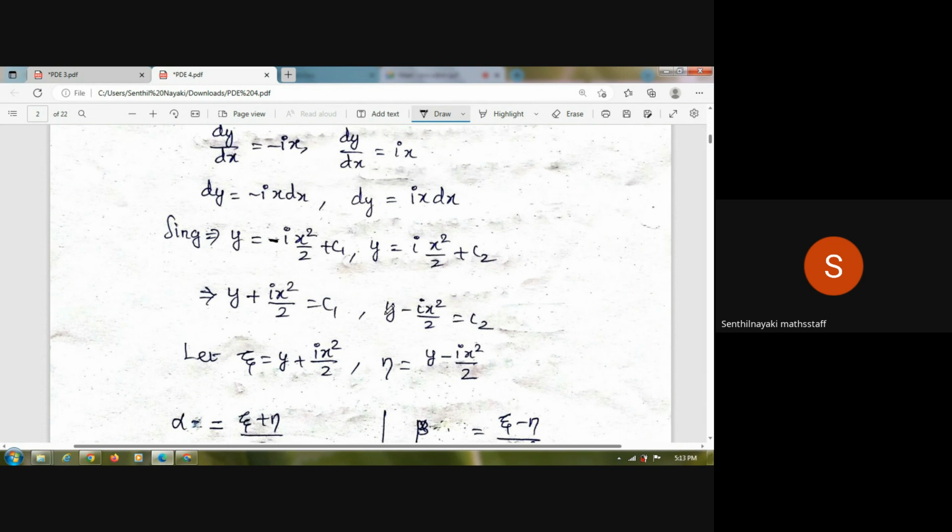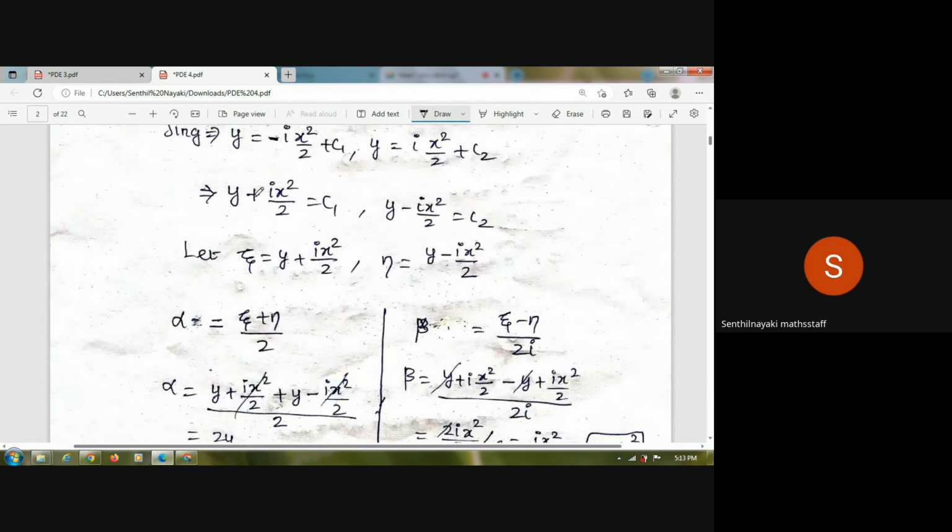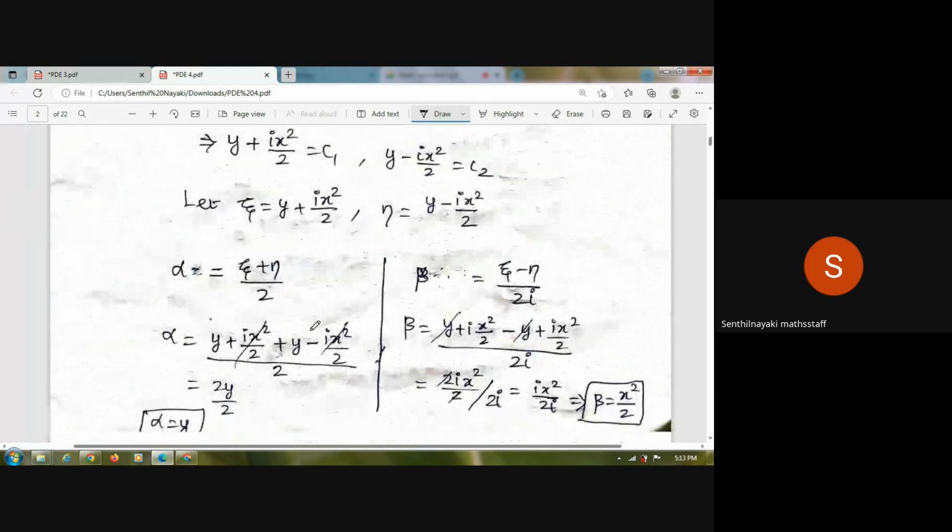Similarly, the second equation becomes y minus i x square by 2 equal to C2. Let zeta equal to the first solution and eta equal to the second solution. From this zeta and eta, we can find the value of alpha and beta. So alpha equal to (zeta plus eta) by 2, beta equal to (zeta minus eta) by 2i.